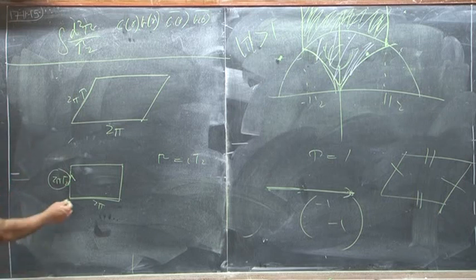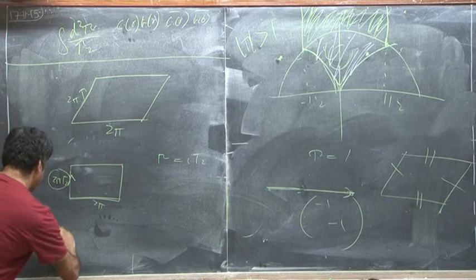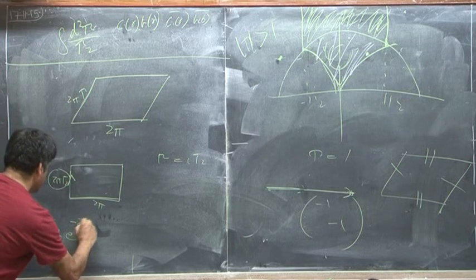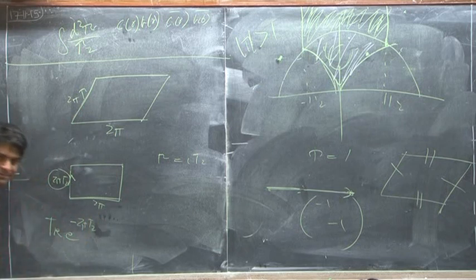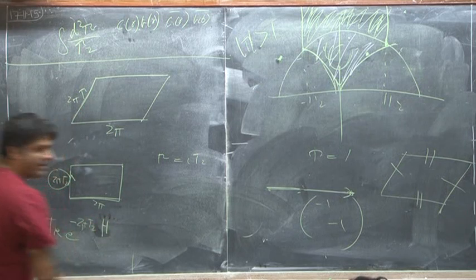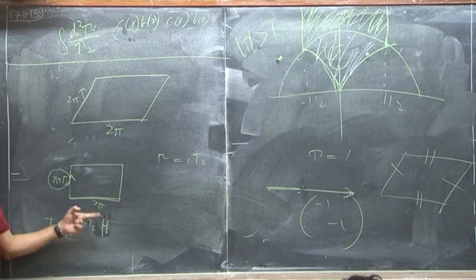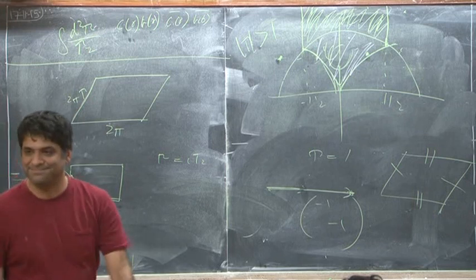Can you see that this is simply the trace of e to the power minus 2 pi tau 2 times the Hamiltonian of the theory on a circle of length 2 pi?